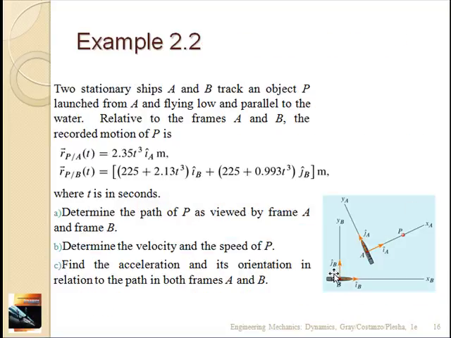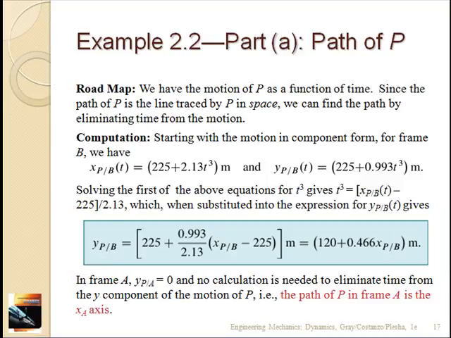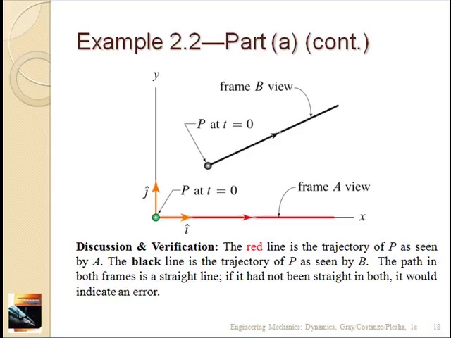If you're sitting on boat B and you see this thing flying off, it's flying in a straight line, but not along either the xb or yb axes. It's going at an angle, and that's the path. So to get the path of a particle when you know the x and y coordinates, you just eliminate time, and it gives you a function of x and y.